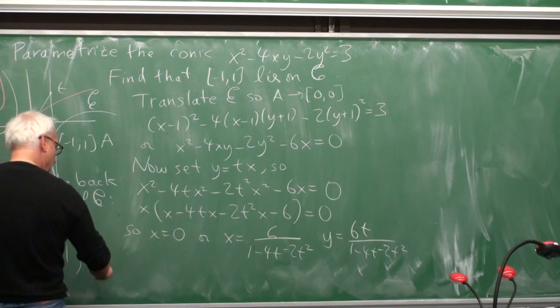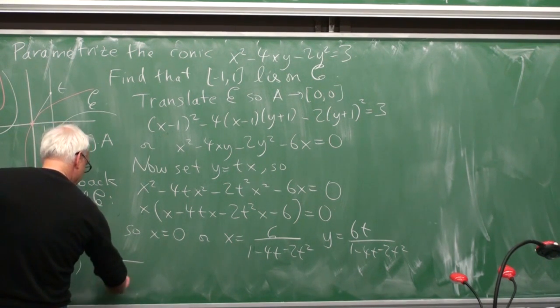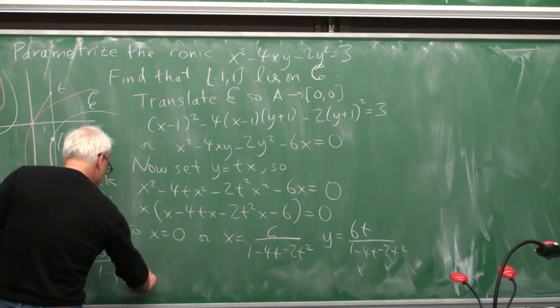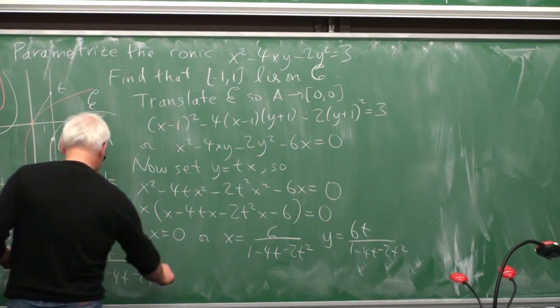And the other one is the y-coordinate, 6t over 1 minus 4t minus 2t squared plus 1.